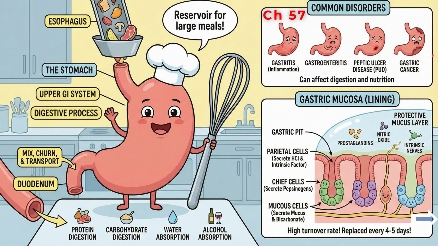Prostaglandins are key protective mediators, improving blood flow and increasing mucus and bicarbonate secretion. The mucosal layer has a high turnover rate, allowing rapid healing without scarring.